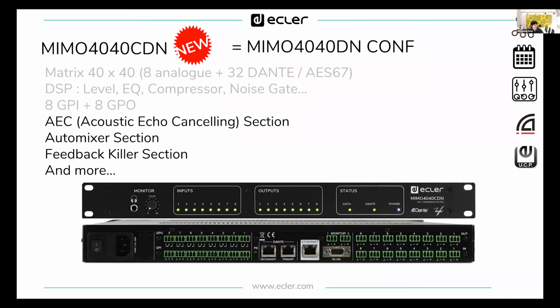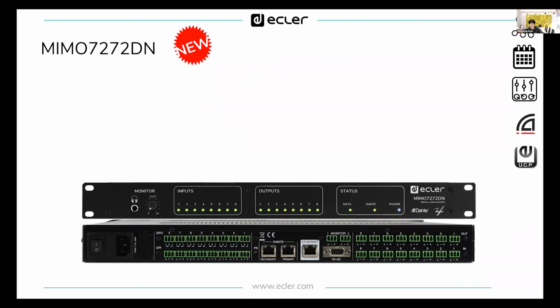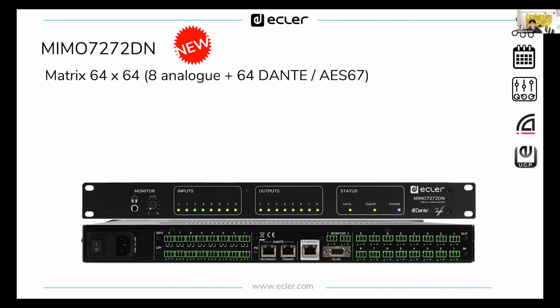So what's the other reason for discontinuing MIMO 4040 DN? Because we recently launched MIMO 7272 DN, which is a matrix of 64 by 64 channels, but we have 72 input ports and 72 output ports. As you see, we have more inputs and outputs than matrix channels.